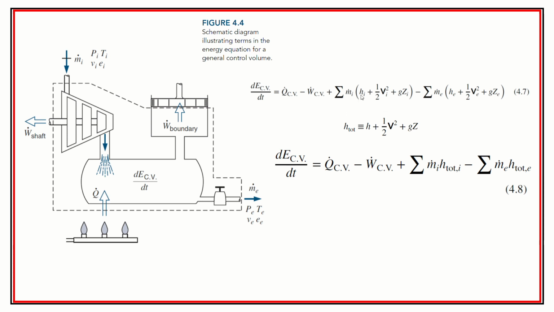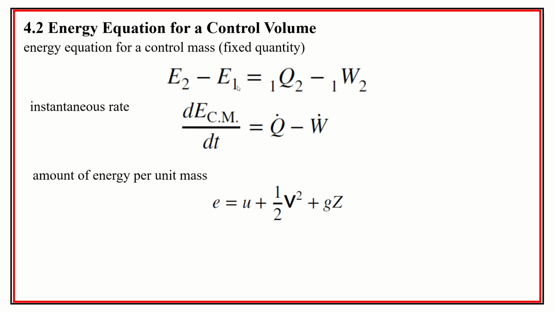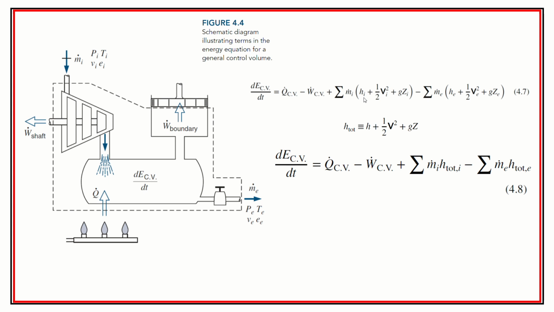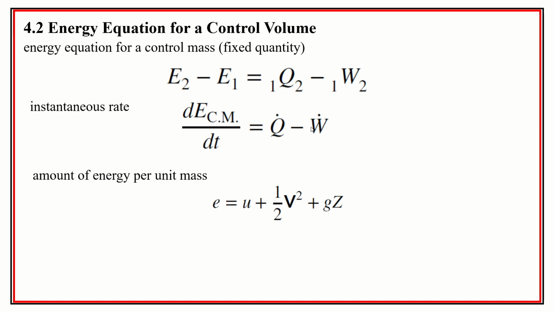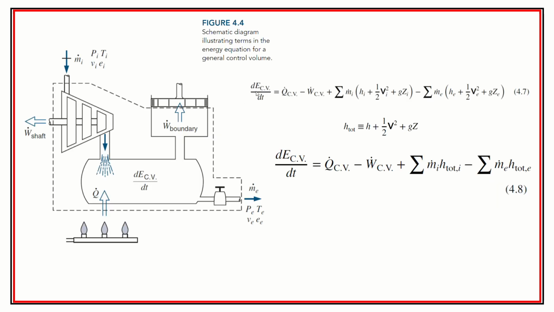They brought everything over to the left. So when we had 1 being subtracted from 2, now the inlet is the positive one and the exit is the negative one. It's really the same equation, but it seems to me that could be kind of confusing.